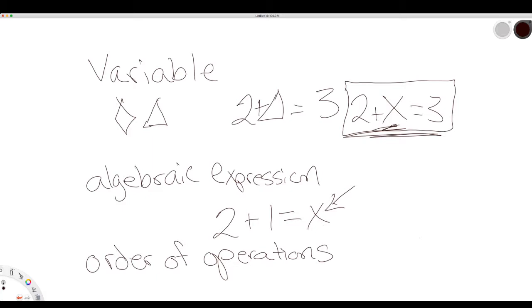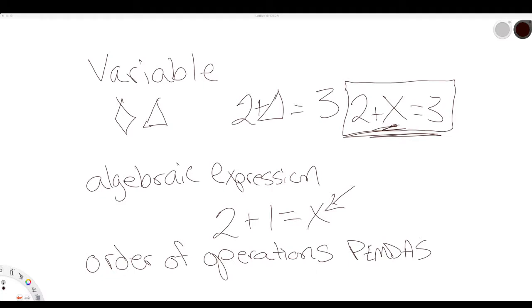The next thing that we need to understand is the order of operations. The order of operations, if you're in the United States, you probably have seen it as PEMDAS. PEMDAS, please excuse my dear Aunt Sally. That's the order of operations that we typically see in the United States, and it is the most common as far as my knowledge.